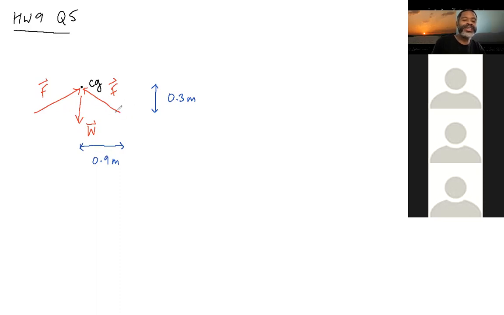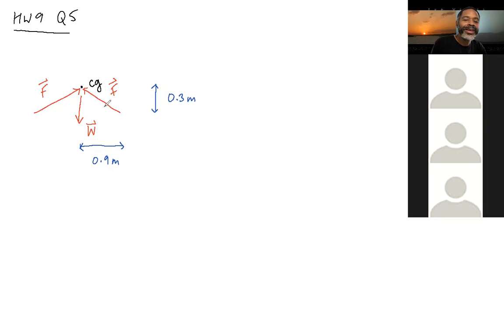All right. And so because these forces are directed like this, they're pointing right at the barycenter. You can imagine that the right triangle that you form out of one of these forces is the same right triangle that has the horizontal leg at 0.9 meters and the vertical leg at 0.3 meters.